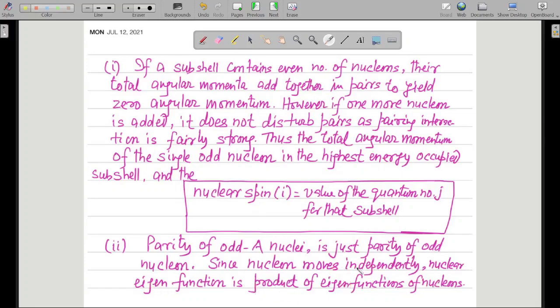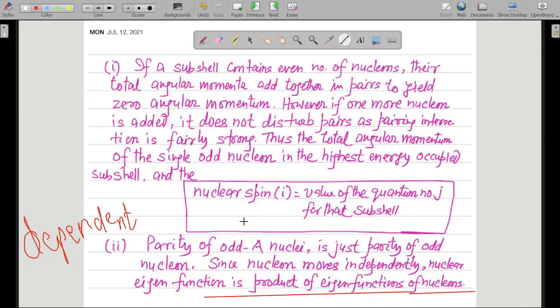If the nucleons were dependent on each other, then this will not apply; the eigenfunction will not be equal to the product of individual eigenfunctions.